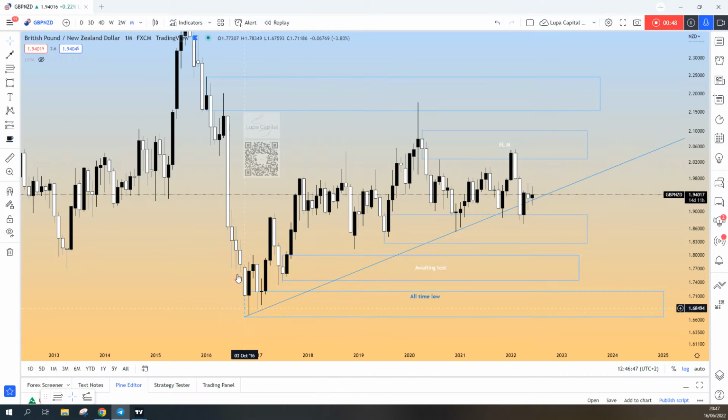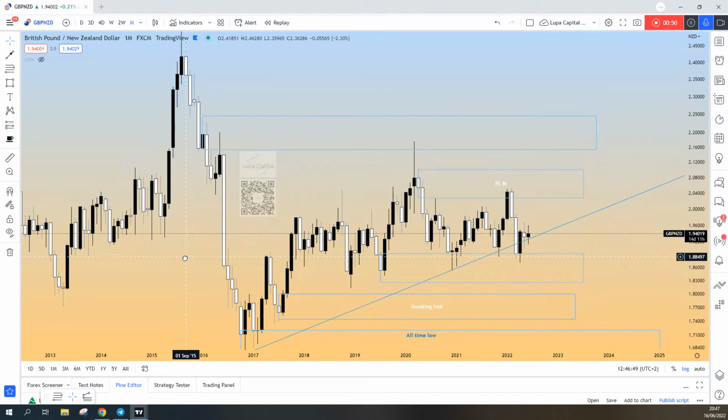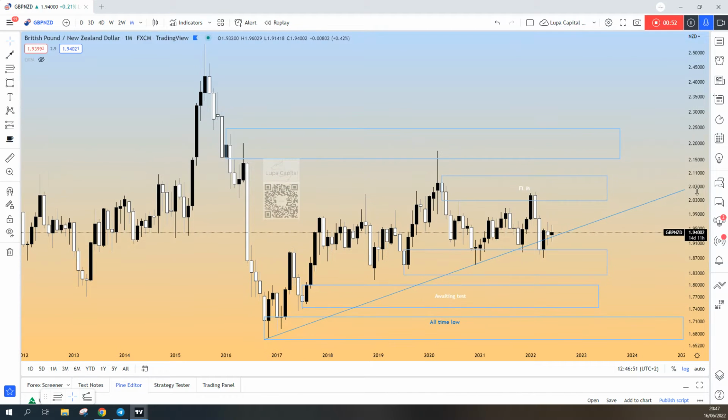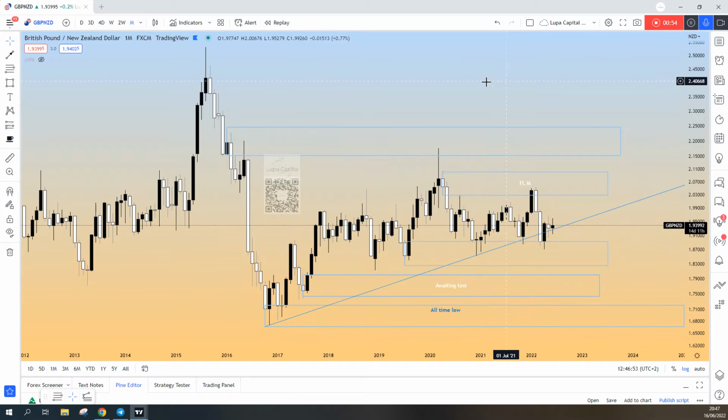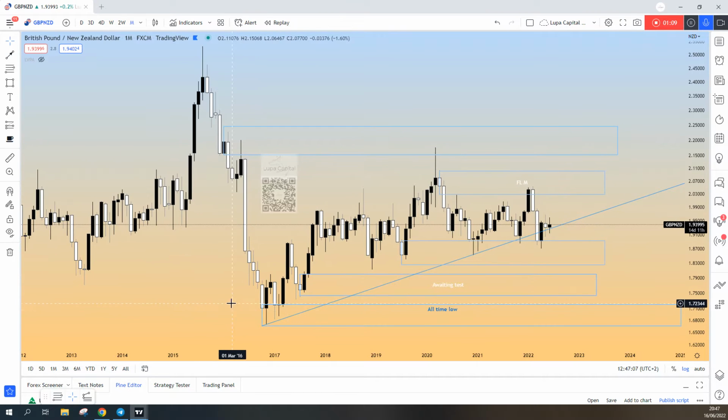So again, looking back in the market structure, in the historical prices, you can see that there's been a large sell-off from where Brexit took place, a little pullback, continuation of pullback, and then the real driver, which created the all-time low.